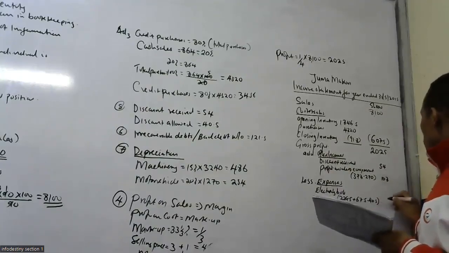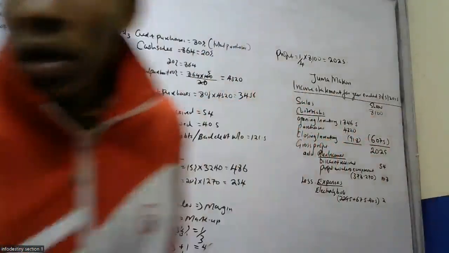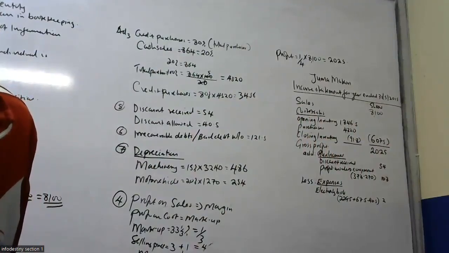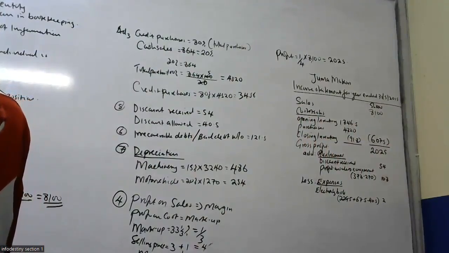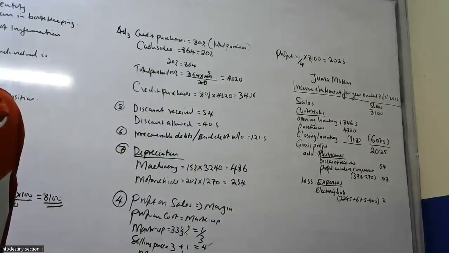So this will give us 229.5 plus 67.5 minus 40.5.